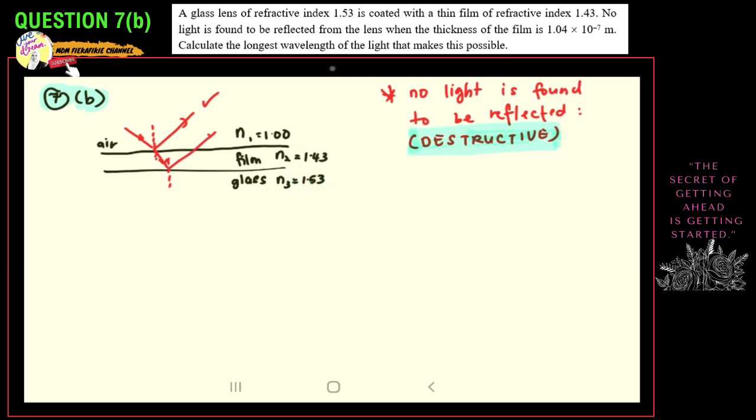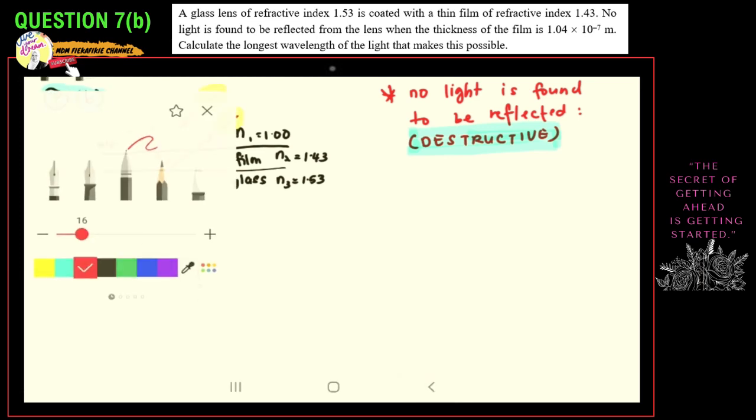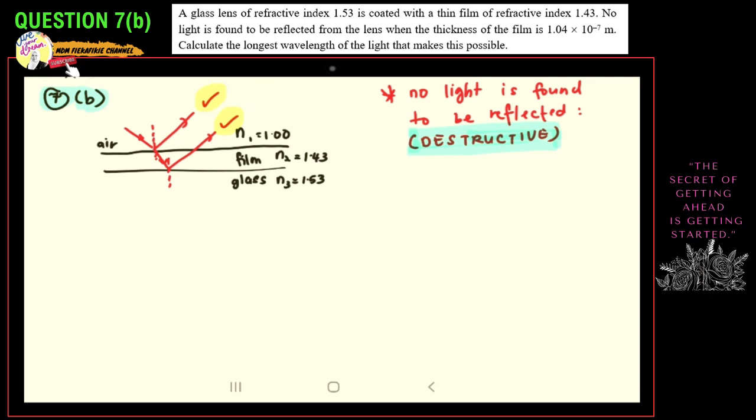So there is a phase change as well. Okay, so since both has the phase change, so means that this is in phase. Okay, so sekarang kita akan tengok formula for in phase disruptive. Okay, so for in phase disruptive, the formula is 2nt equal to (m plus half) lambda.